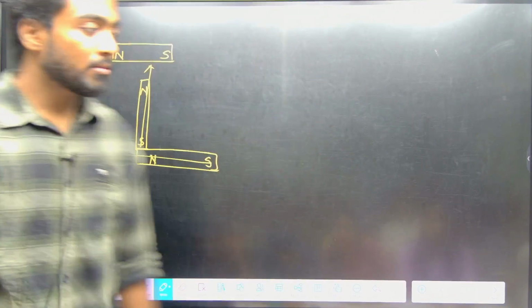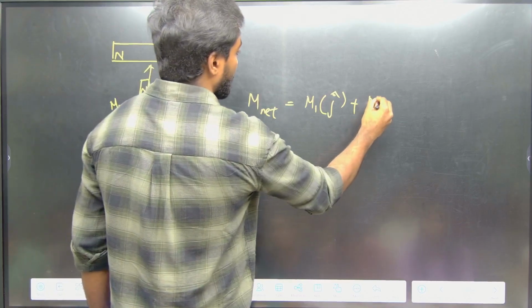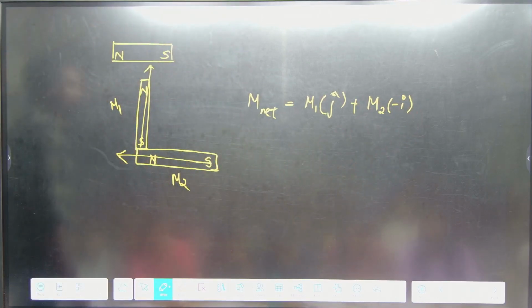So if I consider this as my M1 magnet and this as my M2 magnet, then M net will be equal to M1 times j cap plus M2 times minus i cap. This is minus i cap, no? That's the formula.